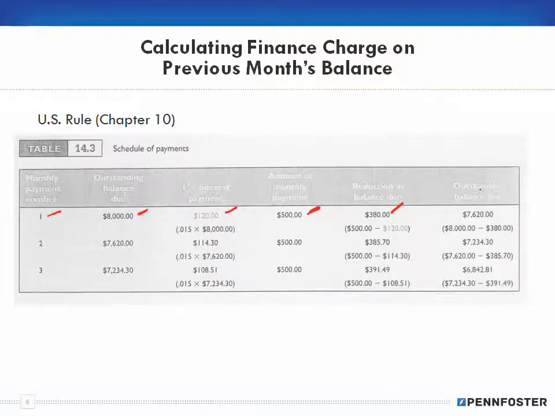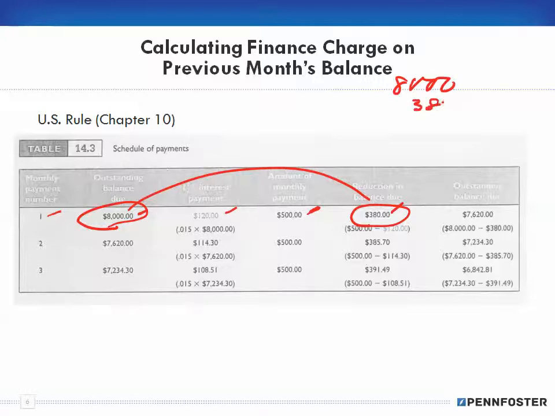And so my outstanding balance due is my beginning balance of the 8,000 minus the principal amount. So 8,000 less $380 means that I have a new balance due of $7,620, which is that amount right there.